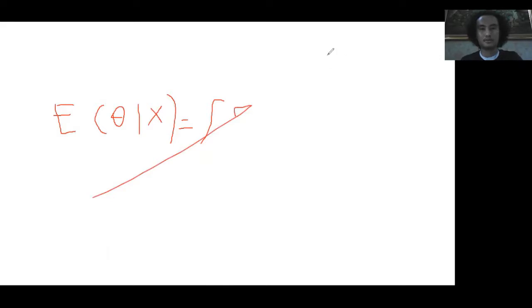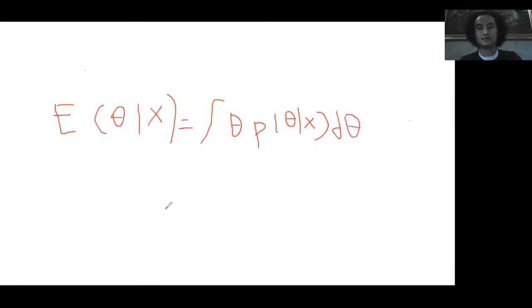Just theta times p of theta in condition of x, with the variable theta as the main variable for the integral.